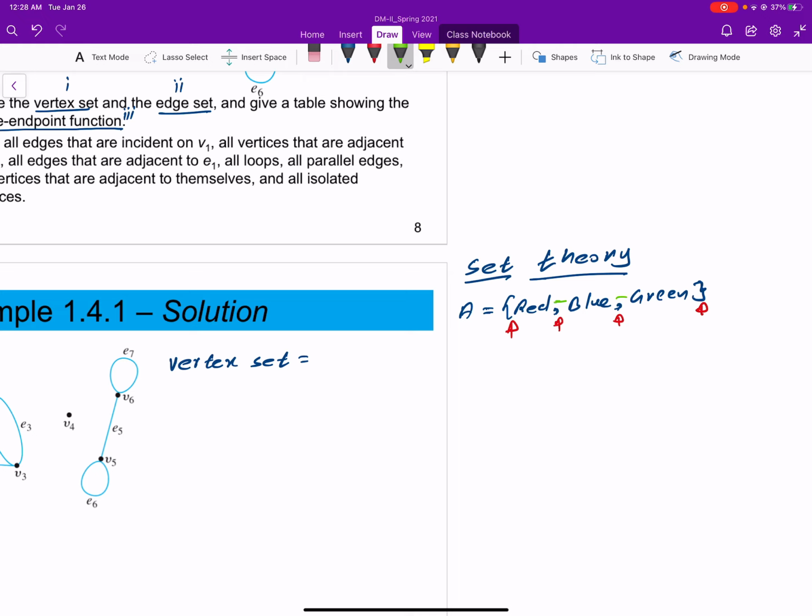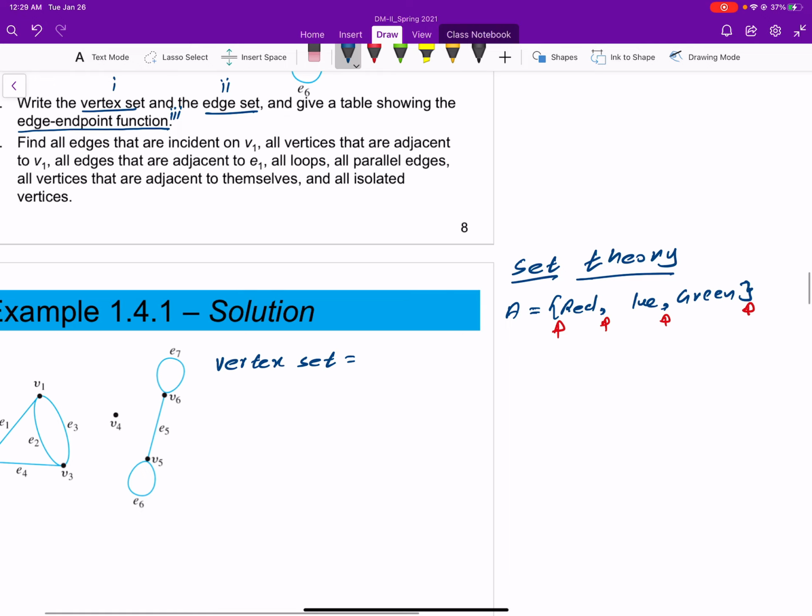Or people put a semicolon. That's also wrong. You have to put a comma. That's the standard. Some students put square brackets instead of curly brackets, which is wrong, or parentheses, also wrong. They should be curly brackets and commas. Keep that in mind when you write sets.